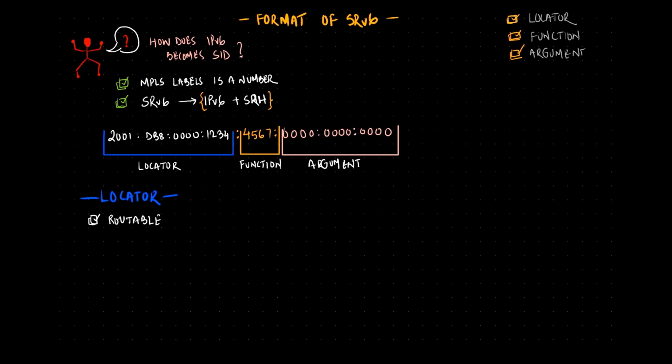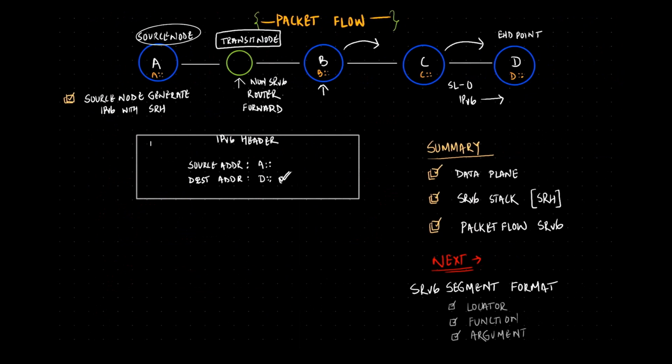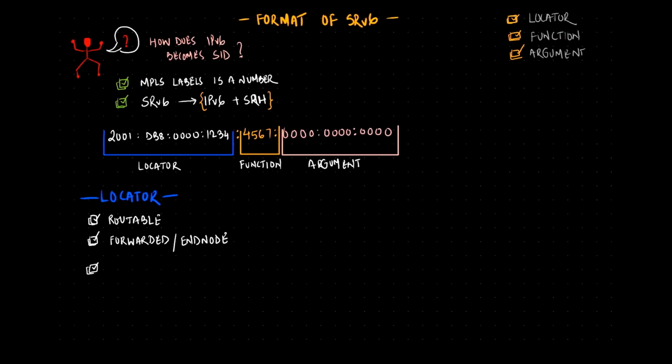Back in our example of A to D routing, which we discussed in the previous class, when a packet is received by a transit node where SRv6 is not enabled, only IPv6, that device processes it towards the next hop to reach B. But B is the device which advertises that locator.